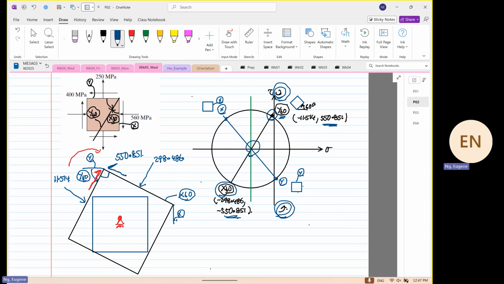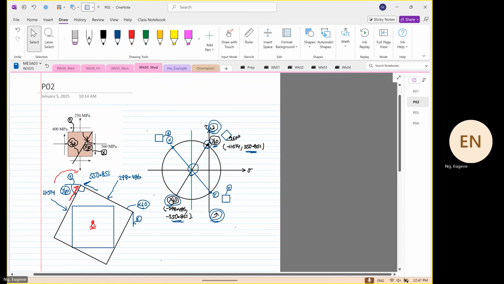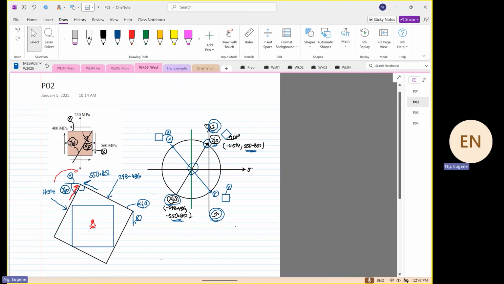Make sense? Okay, so what we've just done is something fantastic. We went from the element into Mohr circle, and from Mohr circle, brought it back into the element.